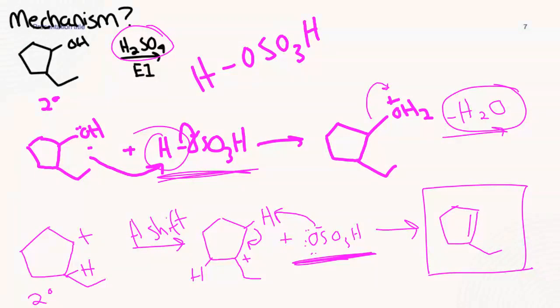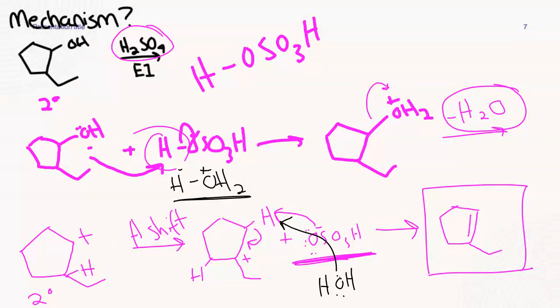So the other option is you could use H3O plus, which is acid dissolved in water, which here would give you water, which could take the hydrogen, and then you end up with H3O plus again.